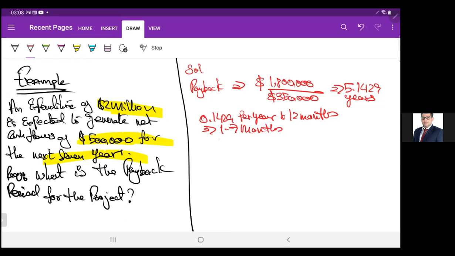So we can say 5.1 years, or we can also say 5 years, 2 months, right? And here we assume that the cash flows occur evenly throughout the year. So far so good. Now we will do one more example.